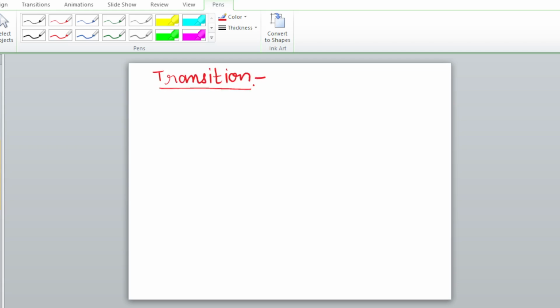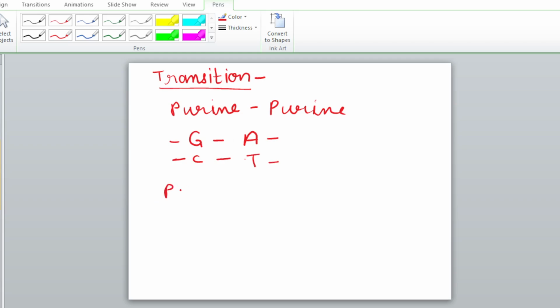If there is any change from purine to purine, like G changed into A, or pyrimidine changed into pyrimidine, like C changed into T, that is known as transition.